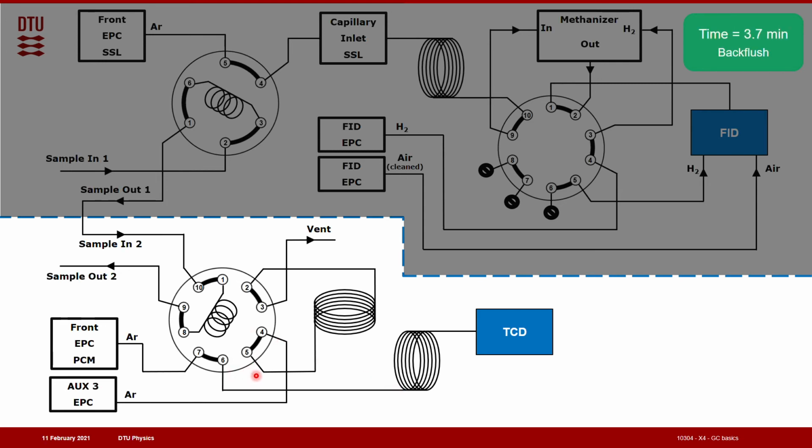Now we know that all the products we're interested in have gone into the molecular sieve and have been retained there, and now we can back flush the first column again, making sure that it's ready for the next injection. And again, we have to wait until the whole method is ended, after 12 minutes.